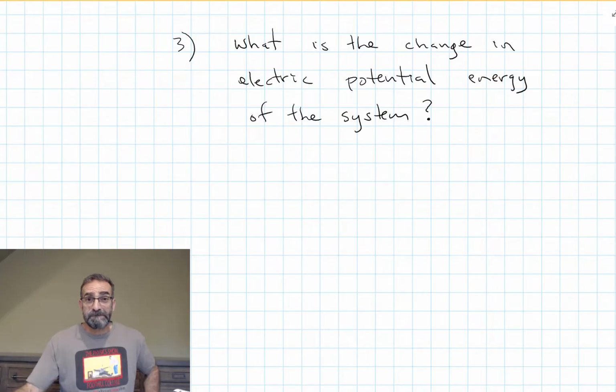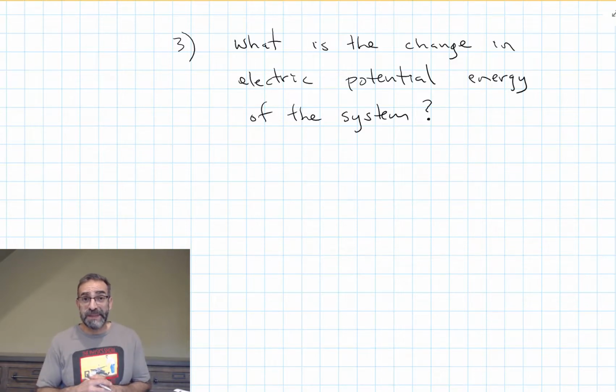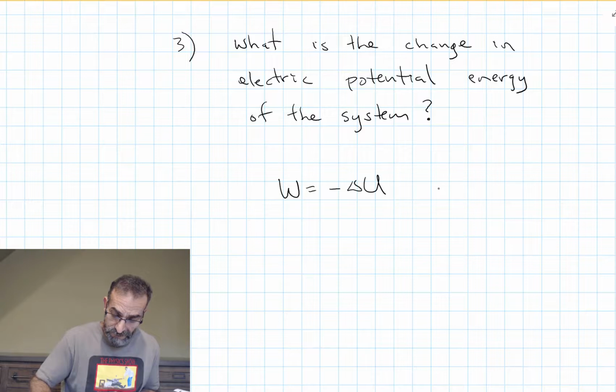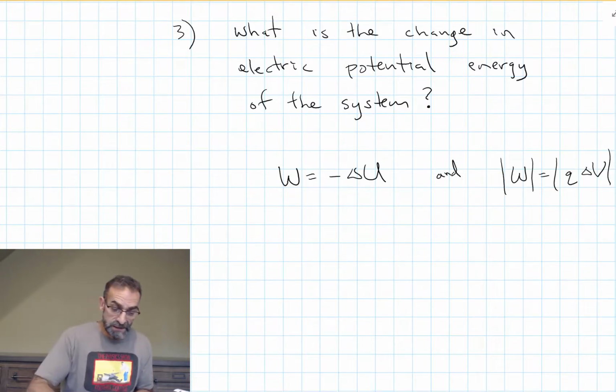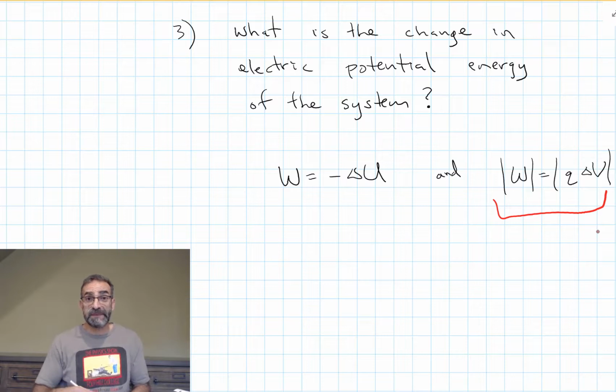And our last question: what is the change in electric potential energy of the system when we move this lowercase q from point A to point B? We know a couple of things about electric potential energy and work. We already used the equation on the right to find the work done.